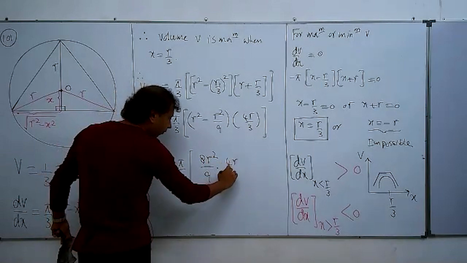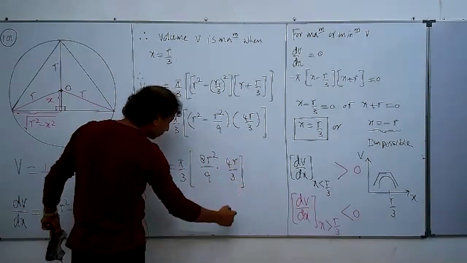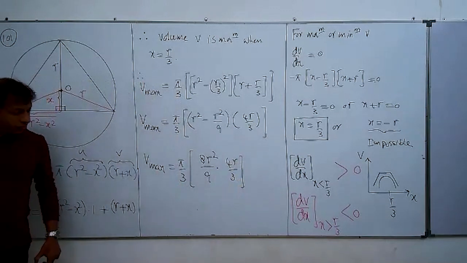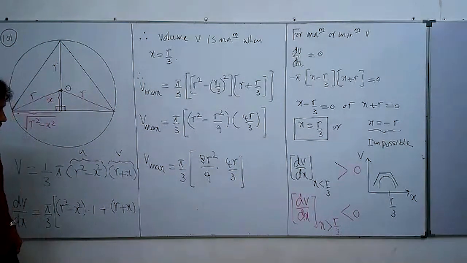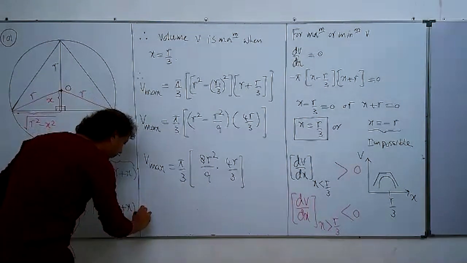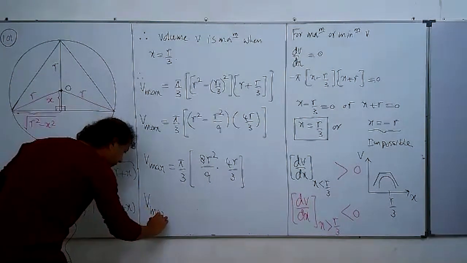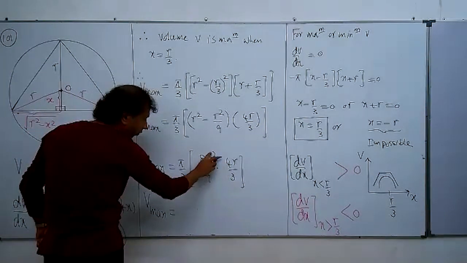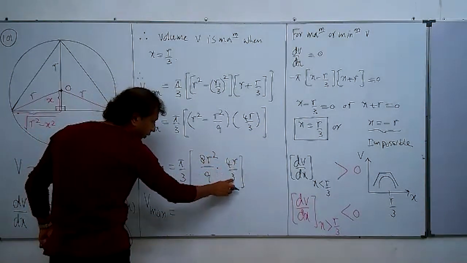Here 4r by 3. Then I take it like this. This 4, r squared and r cubed, and this 3.